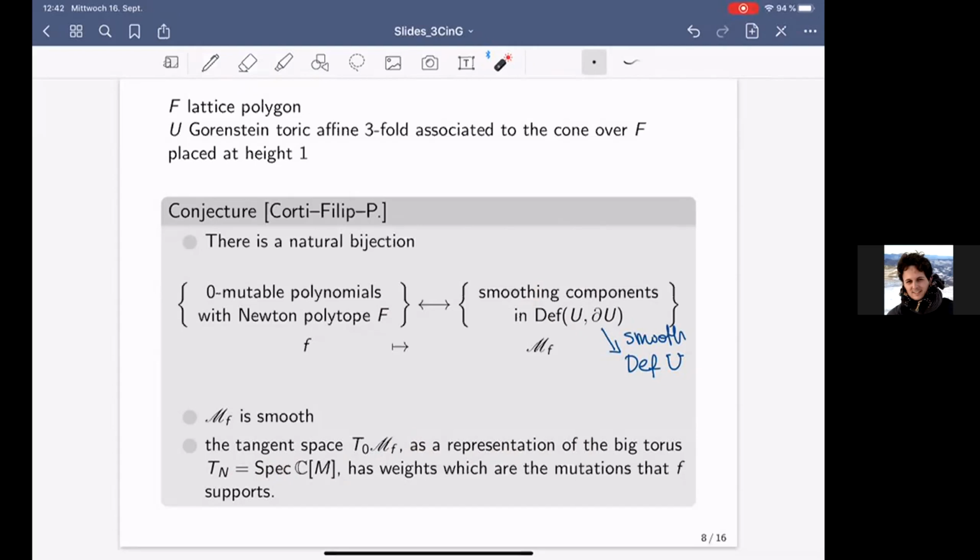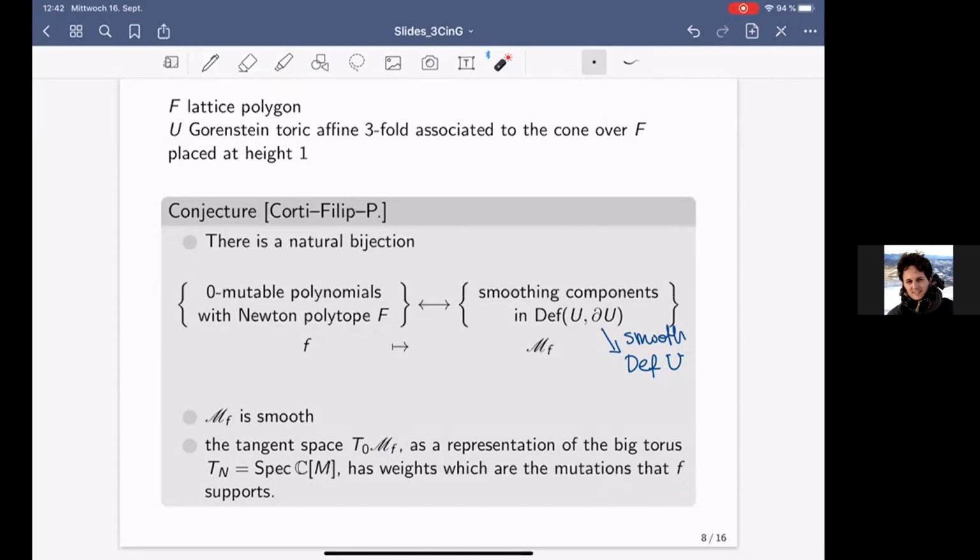It is a sum of irreducible representations which correspond to characters of the torus, so basically elements of M. And we have a complete description of the characters involved, and what are the multiplicities of these characters. These weights appearing in this representation are determined by the mutations of the Laurent polynomial f which can be done to f.